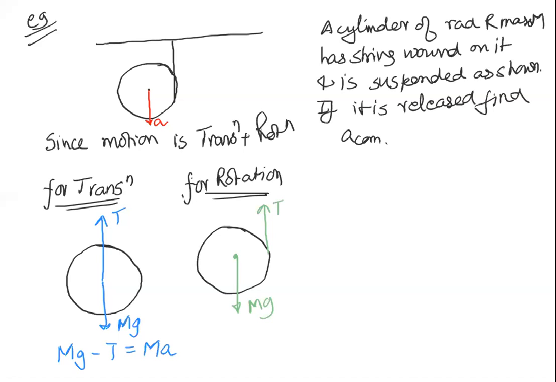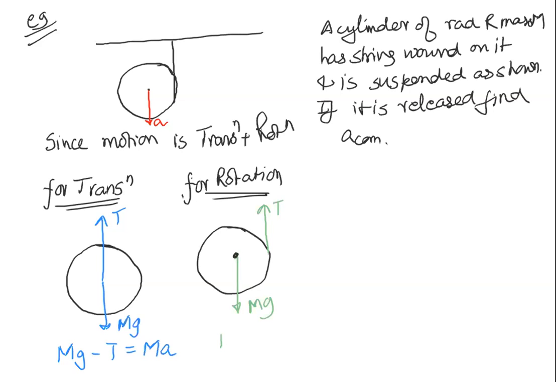Whenever you see a fixed object, like we did in the last class, the fixed point will be the origin. Whenever you see a movable, free object, the center of mass will be the origin. So here we will choose the center of mass as the origin, and we'll find out the torque.